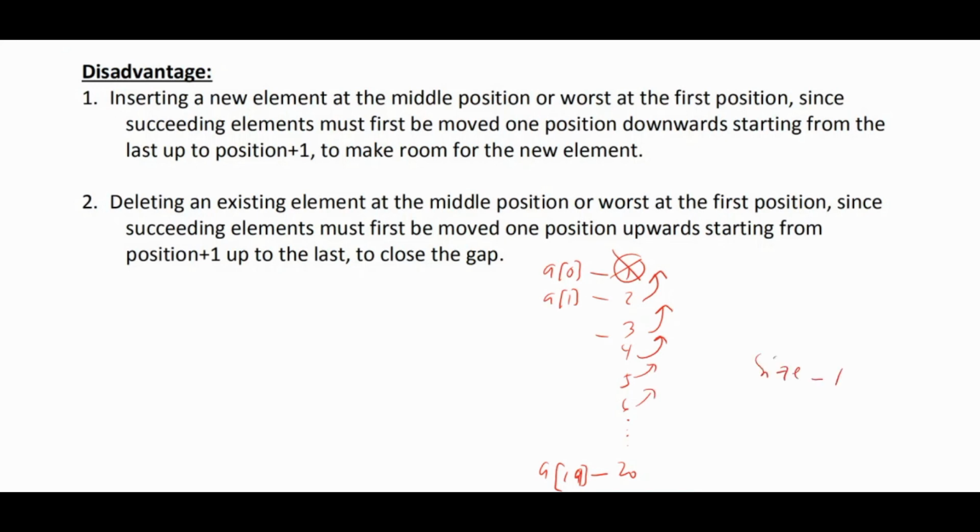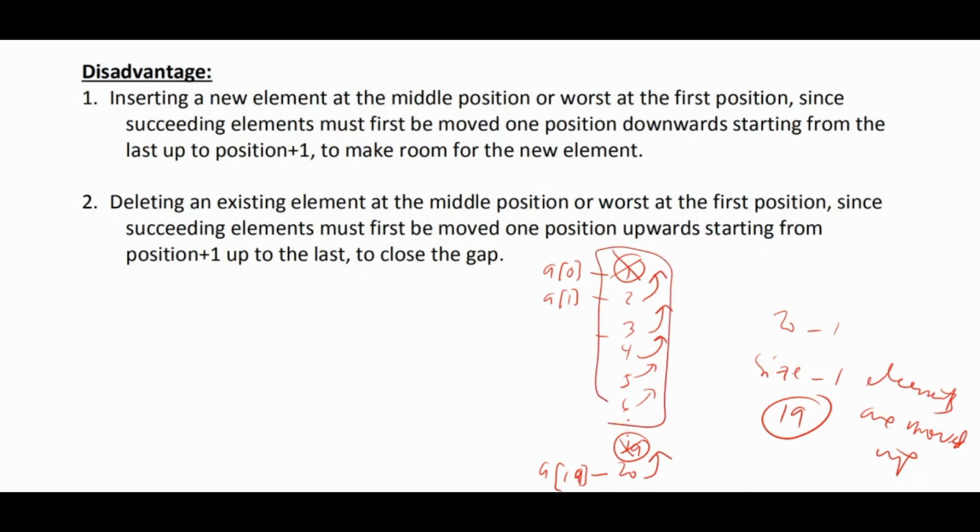Size minus 1 elements are moved up, where size is 20 minus 1. So you move up 19 elements, and that's a longer running time. If you delete this one, 19, then only one element is moved up, right? You don't move all the rest. Again, deleting an existing element at the middle position, or the worst is at the first position.